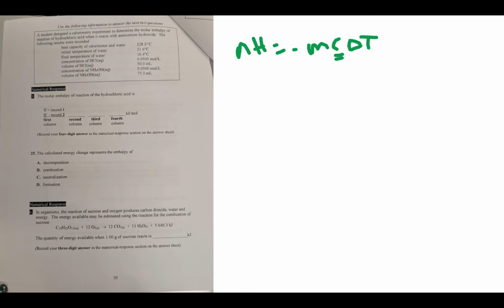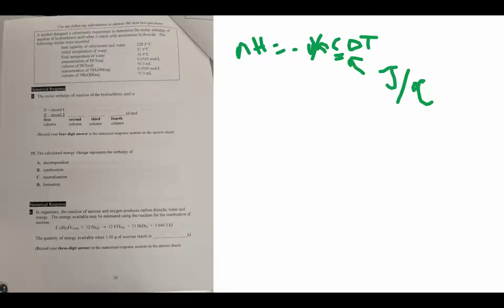The other part you want to notice is that for your specific heat capacity, it's just joules per degree Celsius. So we don't even have any mass involved. So we don't need any grams, which means we don't need mass to cancel. So we don't need this M value at all.